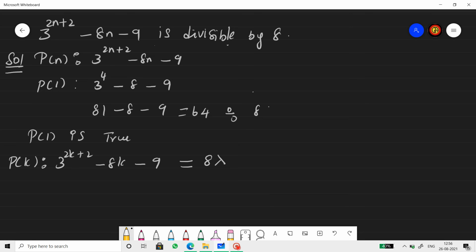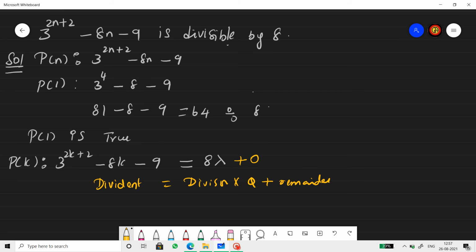The general algorithm: dividend equals divisor into quotient plus remainder. Now where is the remainder? The remainder is 0 because I am assuming that it is divisible by 8. So lambda is the quotient here.